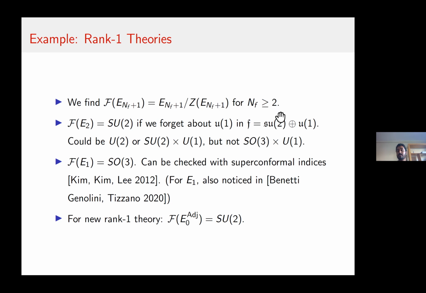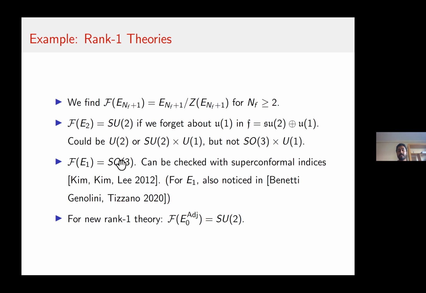We can only deal with the SU2 part. If we just focus on SU2, we find that the global form corresponding to it is the simply connected SU2. So that at least constrains us. It tells us that the full flavor group might either be U2 or SU2 times U1, but it cannot be SO3 times U1. And for the E1 theory, we can again use surface geometry to determine it precisely, and we find that it's the centerless SU2, which is an SO3 group.